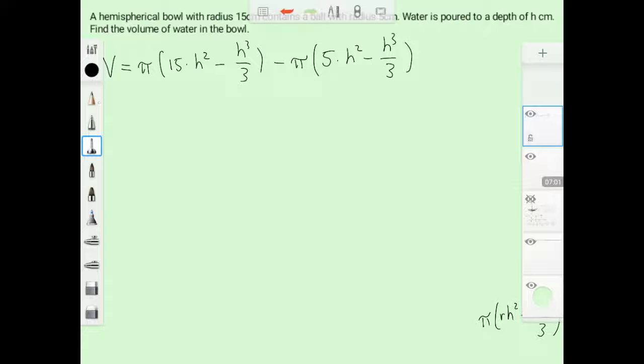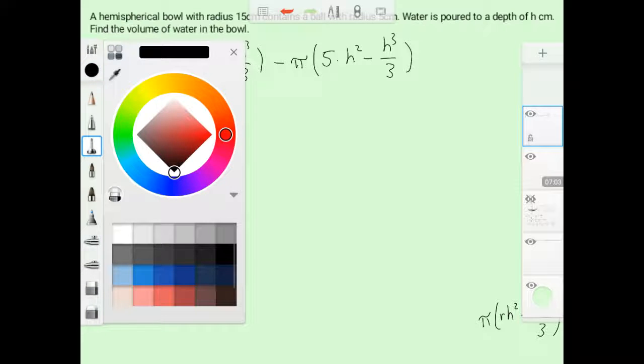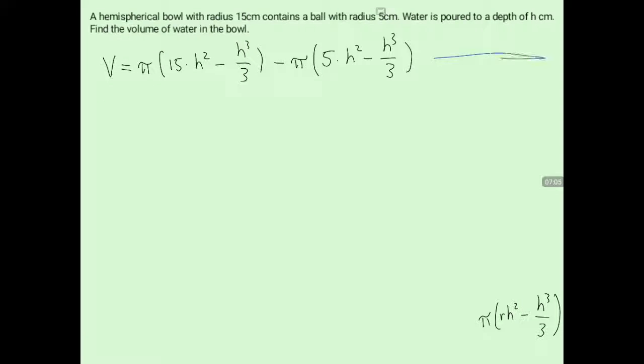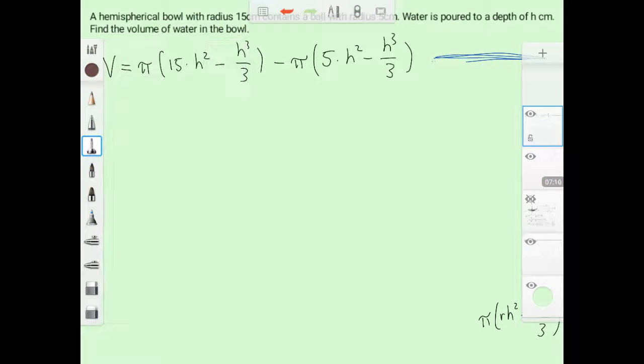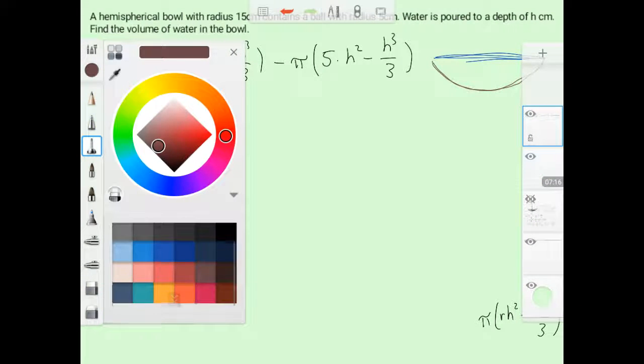So you can imagine we have some water over here, and the bowl, let's make that this brown color. And if we have a ball, let's make that red.